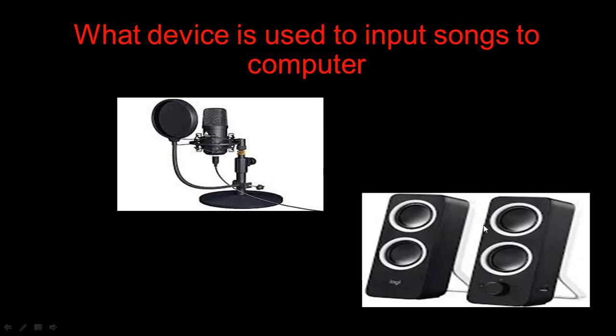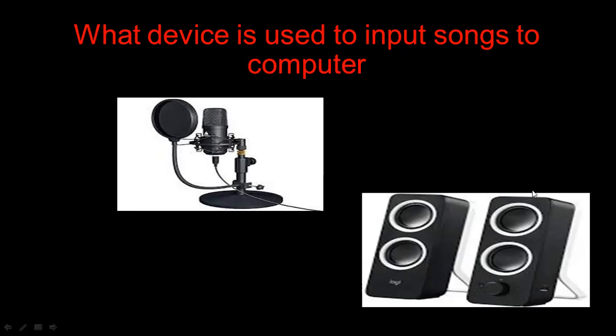So the speaker is an output device and the mic is an input device. Mic is an input device, whereas speakers are output devices. They both are used for voices, or you can say sounds. Mic is used to input the sound and speaker is used to give output.